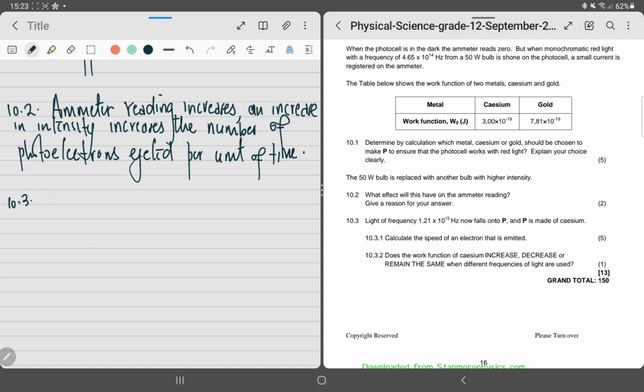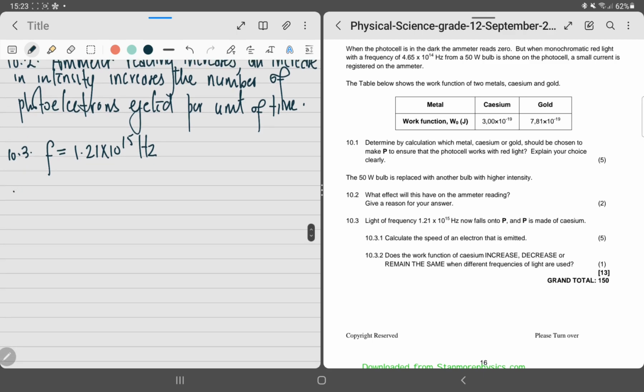So here we are given the frequency as 1.21 times 10 to the exponent of 15 hertz, and 10.3.1 wants us to calculate the speed of the electron. So E is equal to the work function plus EK max.